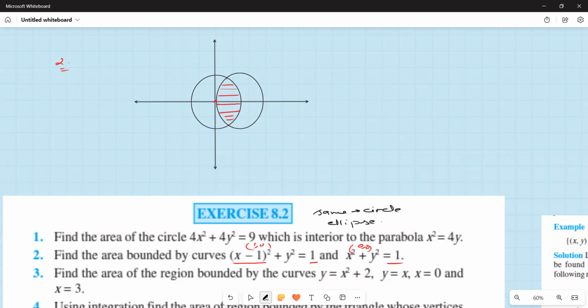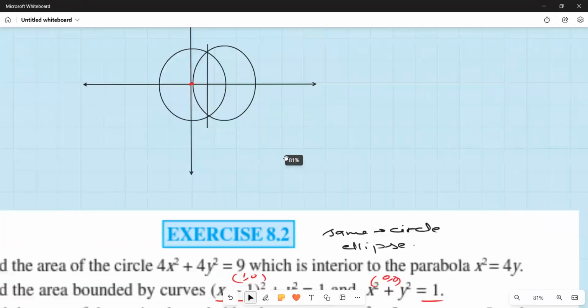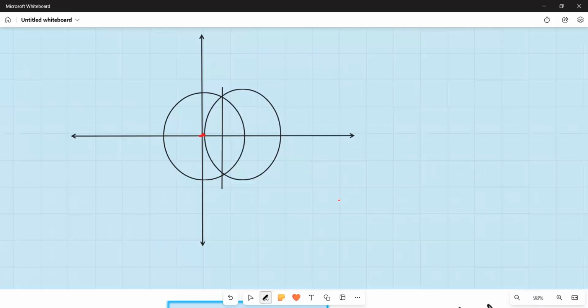If you just find out this point of intersection, then you can. So how can we do that? Draw the line. So if you see, just take it as same, coinciding with the origin.